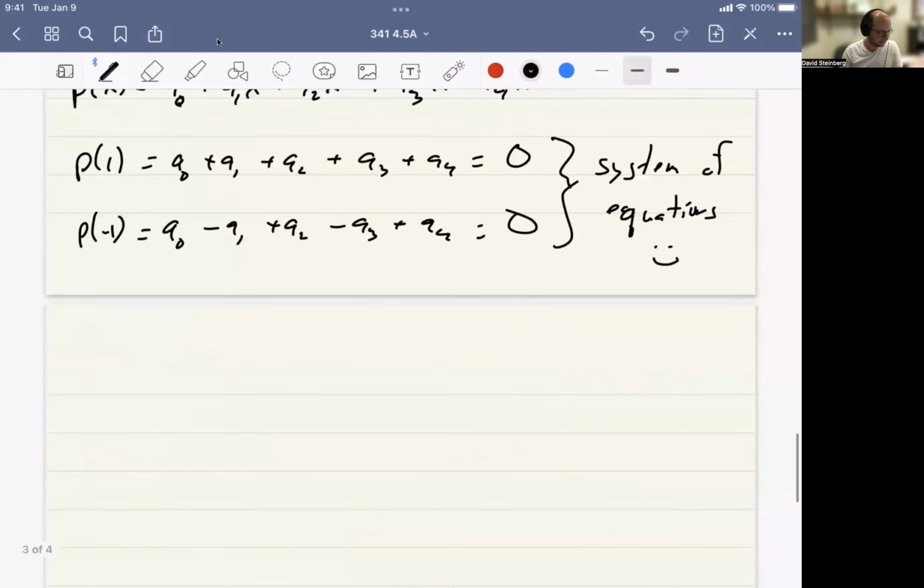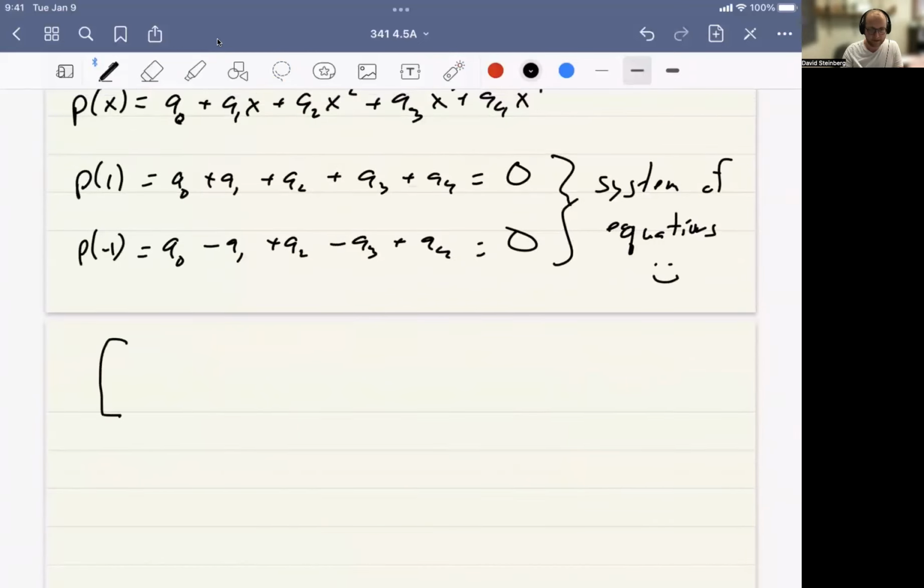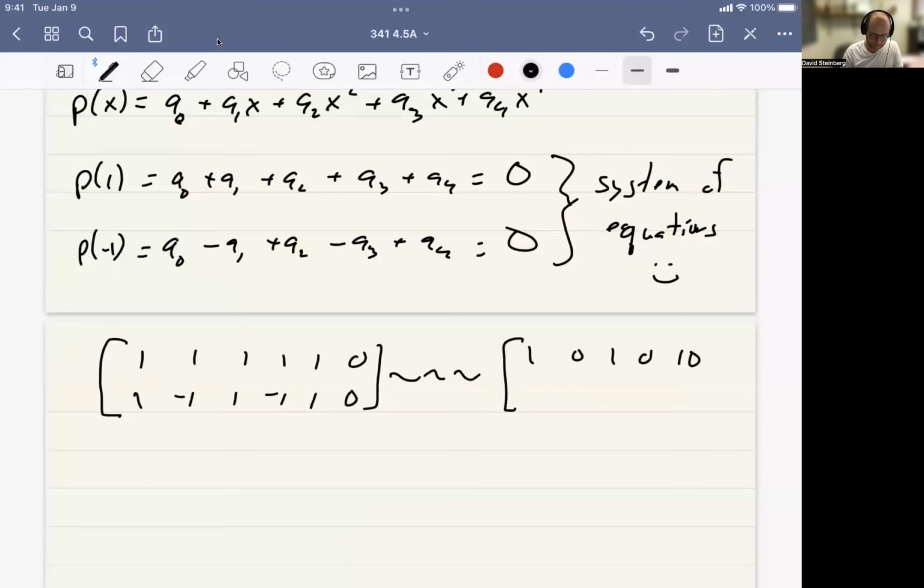Okay, so let's do exactly that. This is going to give us the 2 by 5 matrix. 1, 2, 3, 4, 5. 1, -1, 1, -1, 1, and 0, 0. And you can row reduce this, and you're going to get exactly what you think. 1, 0, 1, 0, 1, 0. 0, 1, 0, 1, 0, 0.